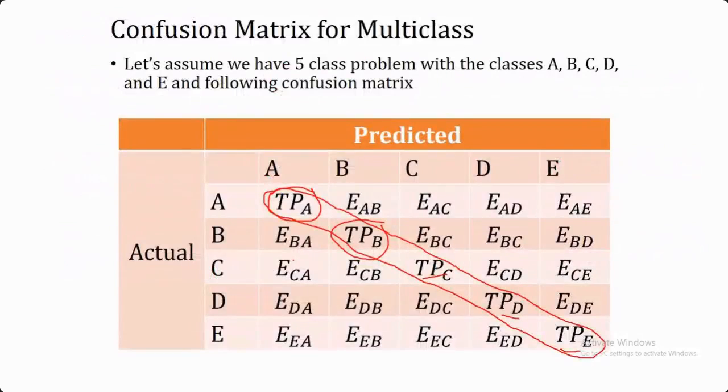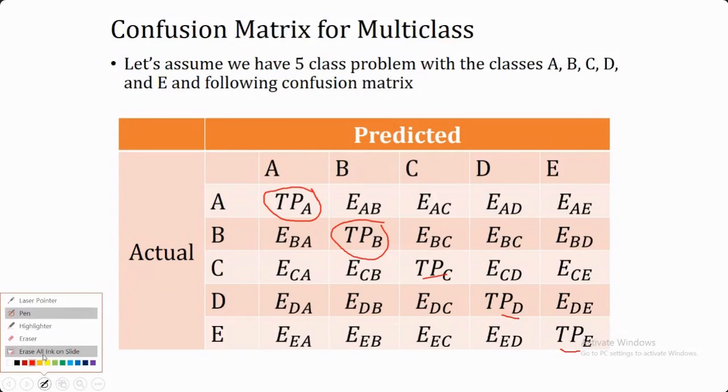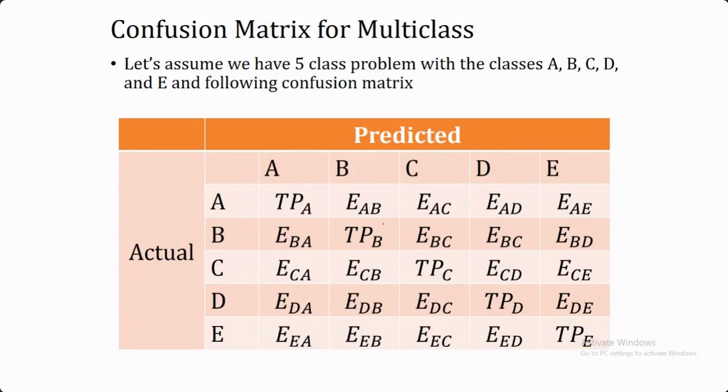So this way we are going to calculate it. Suppose we want to consider the false negative with respect to A; now it's going to be class-wise. In order to calculate the false negative, it's going to be the summation of your row except this one.